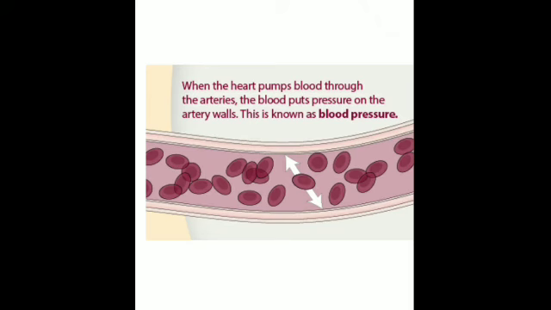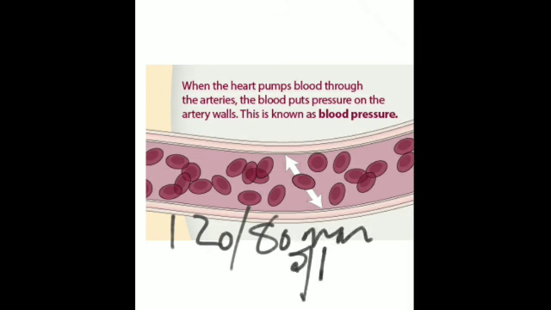So this is 120 by 80 in a normal human being, 120 by 80 mm of Hg, this is the unit, and the instrument that is used is the sphygmomanometer. Is that clear? So this is the normal blood pressure in a healthy human being.